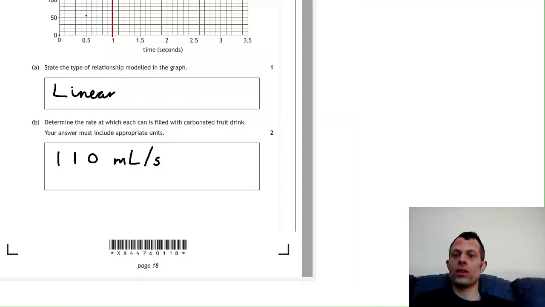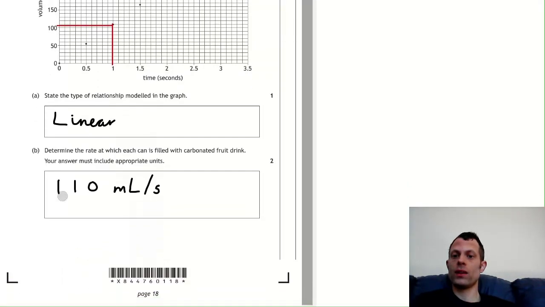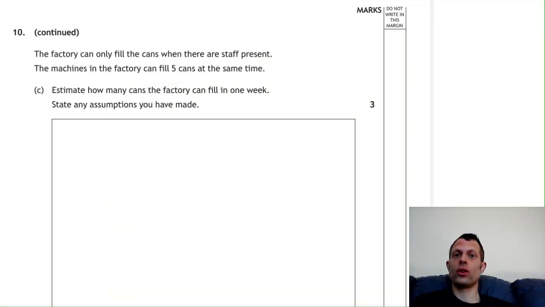So let's get the information from earlier, the 330 milliliter can, and the fact that we can fill the can at 110 milliliters per second. I'm just going to copy that information over, and we're going to need to work out how many cans we should be able to fill in 1 week.